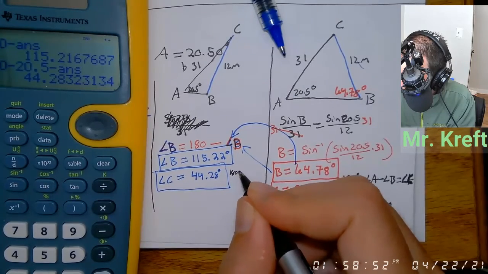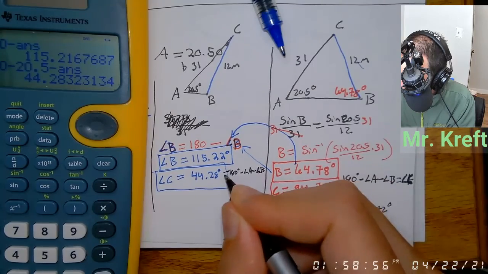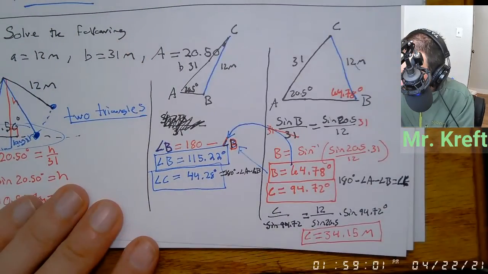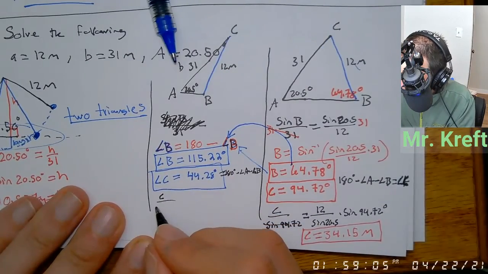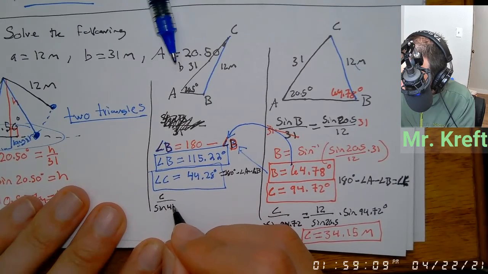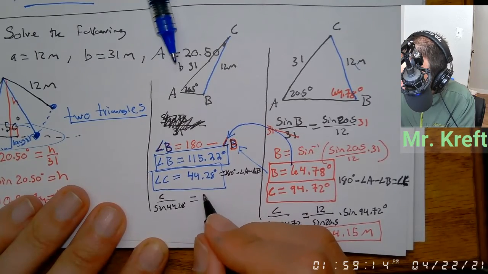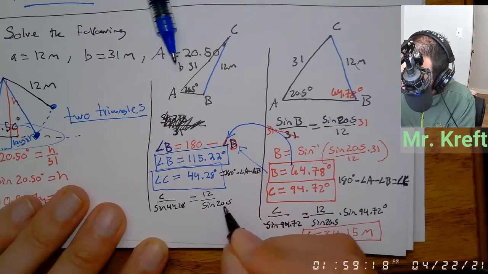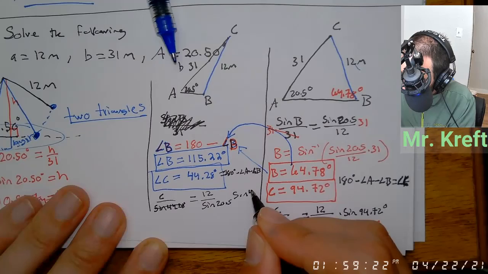This is 180 minus angle A minus angle B. Okay. And then to get side C, I'm going to do side C over sine of my angle. So I got 44.28 equals 12 over sine of 20.5. So just multiply both sides by that.